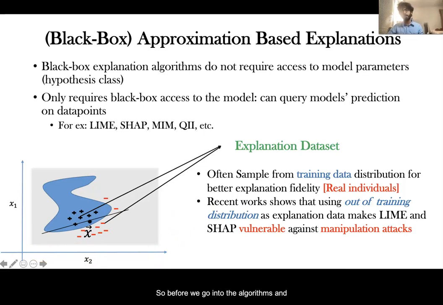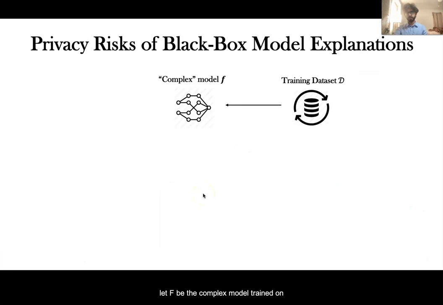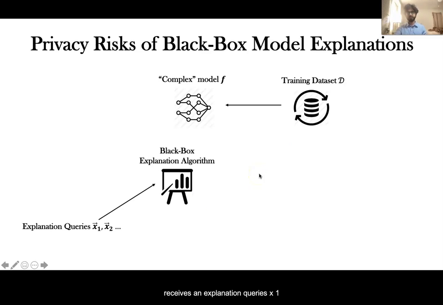So before we go into the algorithms and other formal methods, first I would like to discuss the privacy concerns of such a class of algorithms. Let F be the complex model trained on training dataset D, and there is an explanation algorithm which receives explanation queries x1, x2 and so on.